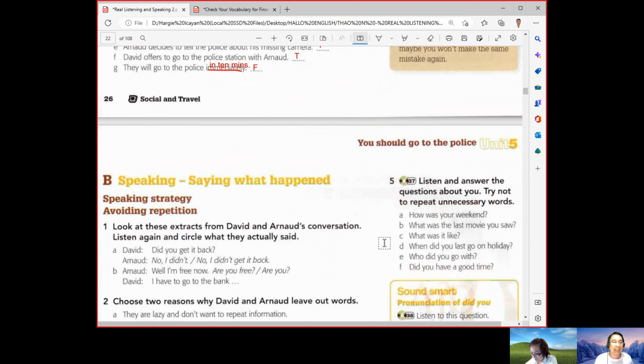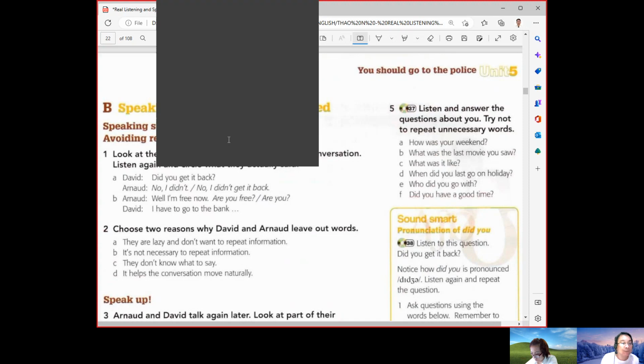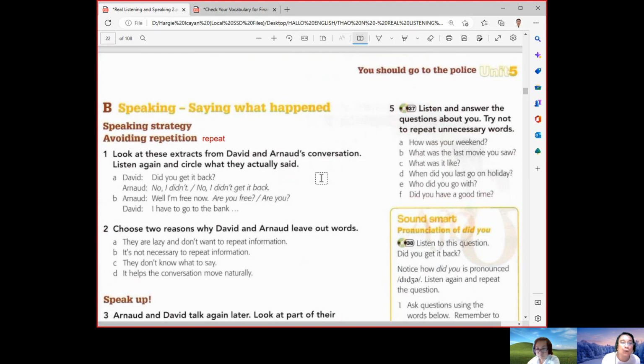Speaking, again, saying what happened. So, speaking strategy: avoiding repetition. If you're talking about repetition, that means avoiding repeating the same thing again.